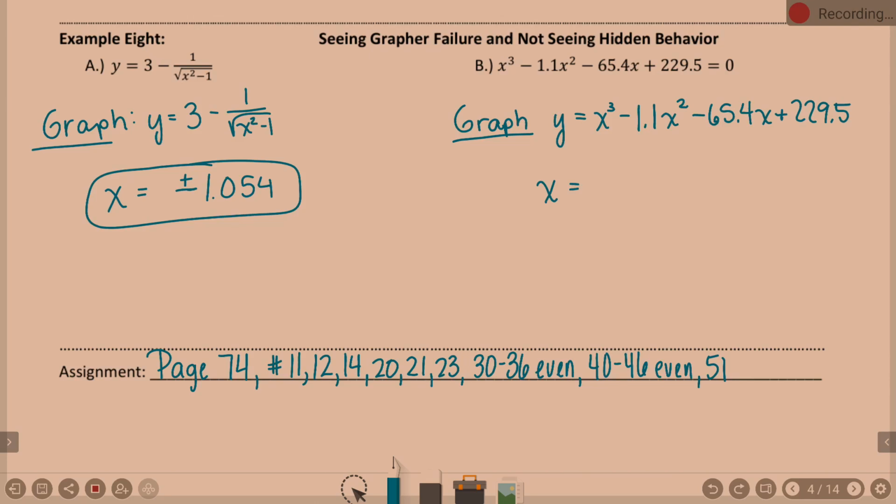I want us to zoom in on that little piece where it looks like a parabola. So I'm going to go to number 1, ZBox, hit enter, and move my cursor over to that area.